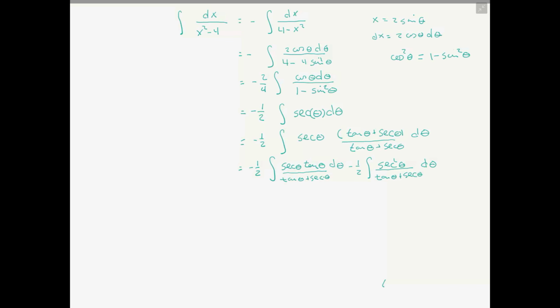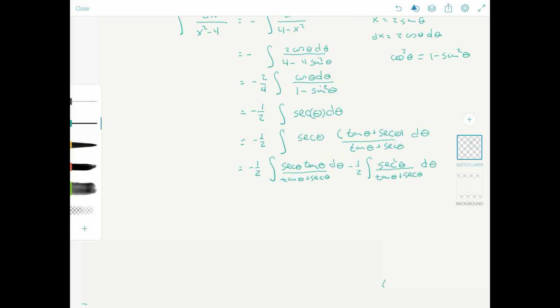I'm sorry, forgot this, tangent theta plus secant theta, and secant squared theta over tangent theta plus secant theta d theta. Okay.